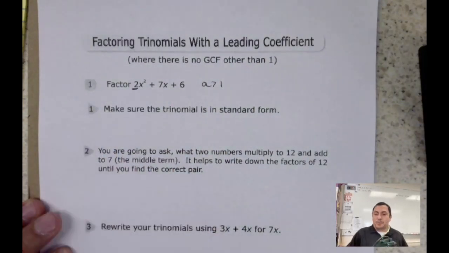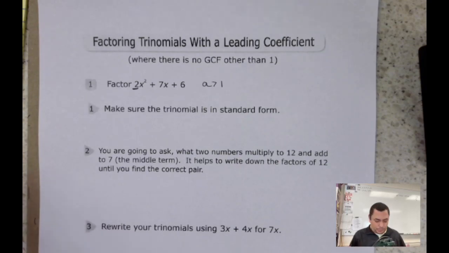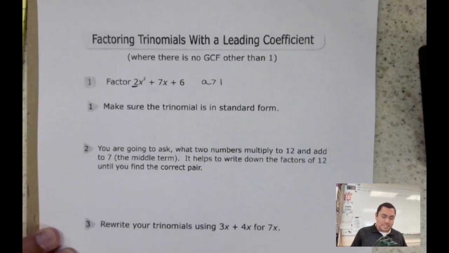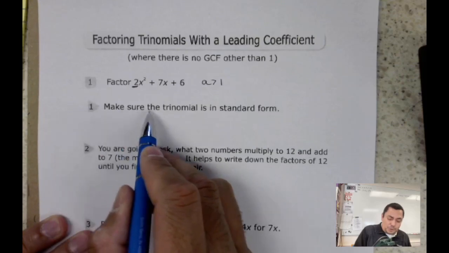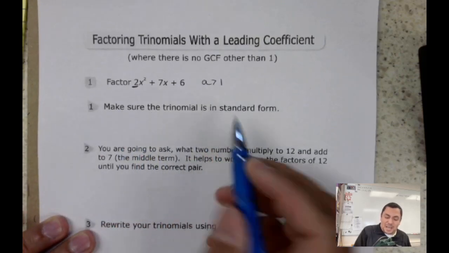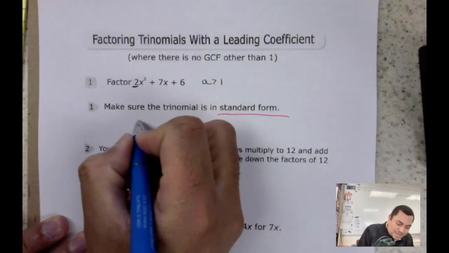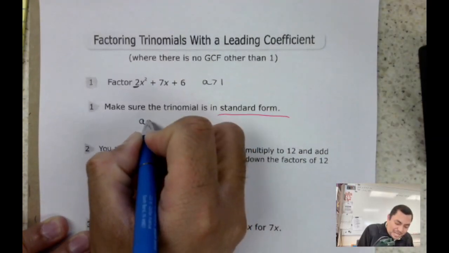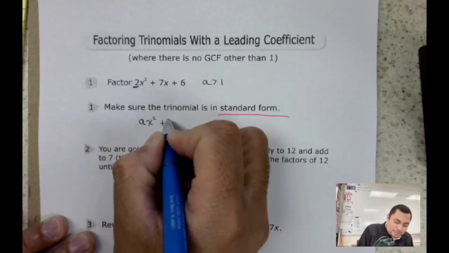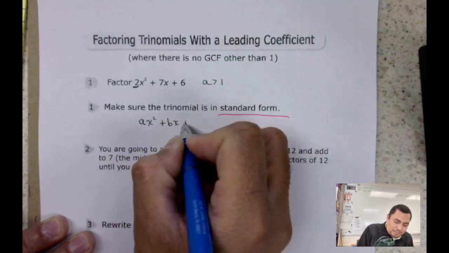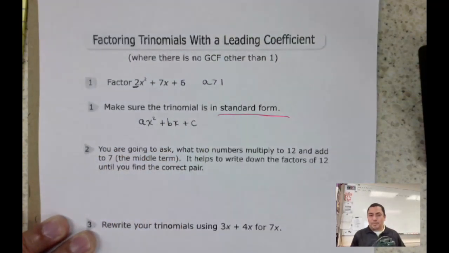So I have broken down this problem into 5 steps. Step number 1, we need to make sure the trinomial is in standard form. What is standard form? Remember from class or from other lectures, ax squared plus bx plus c. This is the standard form.